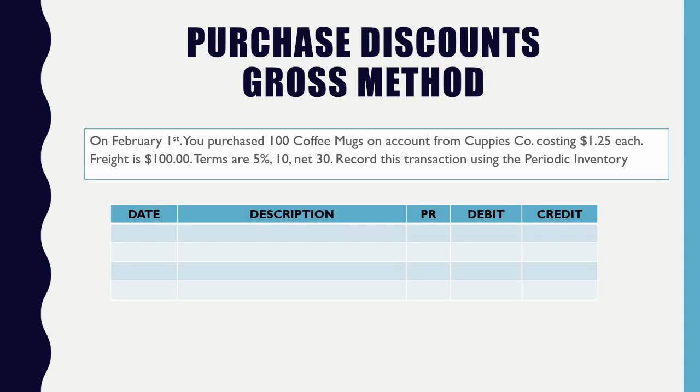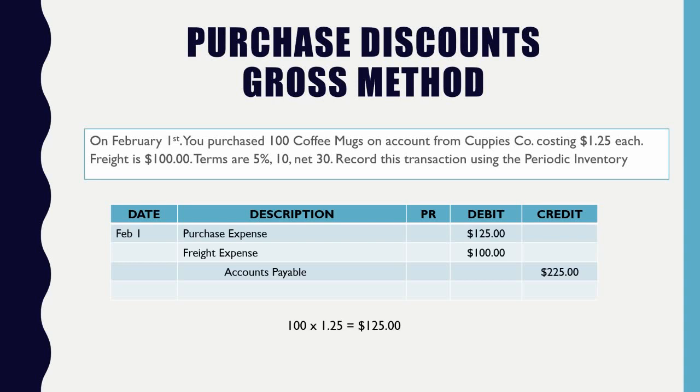We bought 100 cups at $1.25 each, so 125. Freight cost you $100, and you placed it on account which was a total of $225, okay? So that's just recording it gross method as of February 1st, okay?